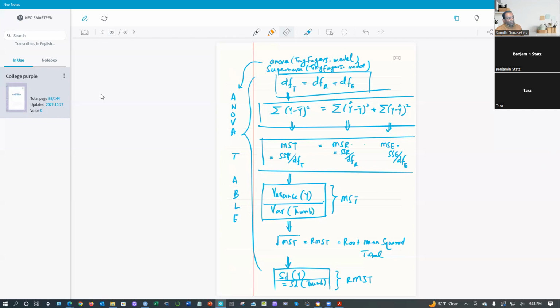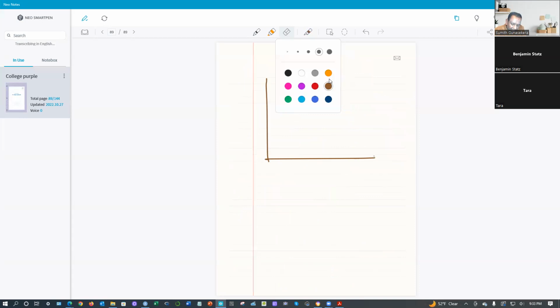Then we have to talk about a simple thing, the correlation between those two variables. That correlation means, see how strongly they are related. X, this one is height.